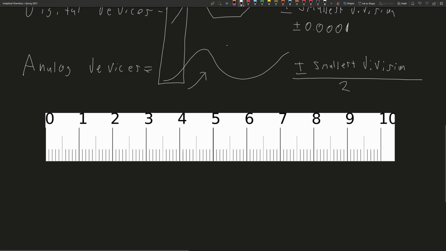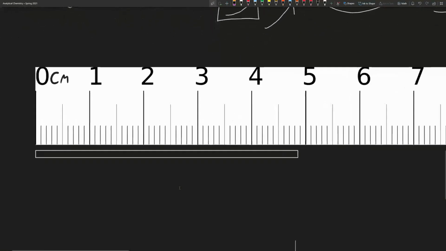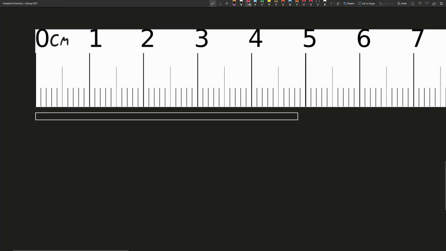Let's change our color to black. Let's say this is centimeters. Say we want to zoom in. Ready?